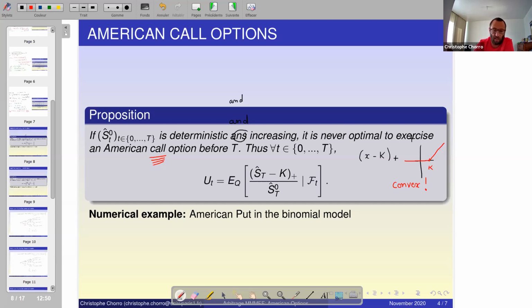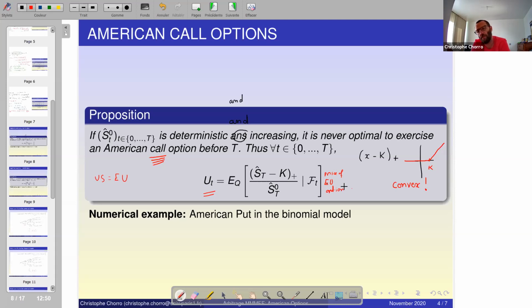That's why I have this expression here: if it is never optimal to exercise before, in fact American is equal to European in this case. So the actualized price of my American option is just the price of the European option.